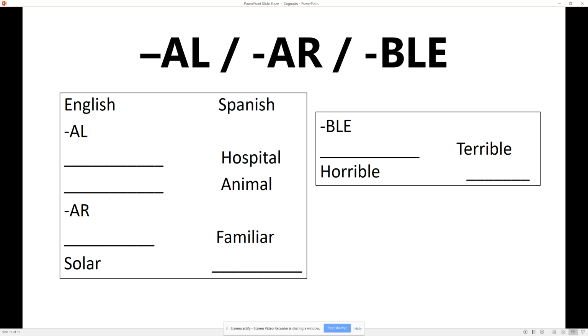So here we can see the suffixes or the endings al, ar, or ble. So as you can see, hospital is hospital, animal is animal, familiar is familiar, and solar is solar. Terrible, terrible, horrible, horrible.